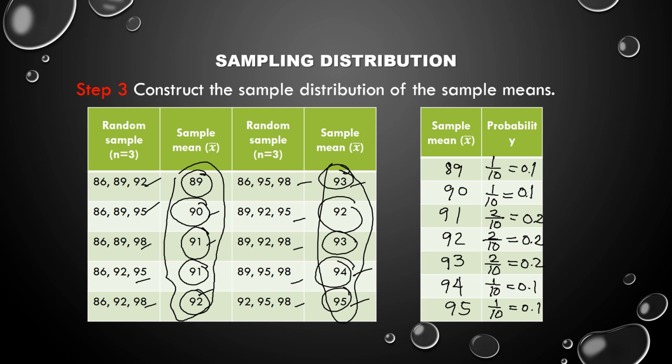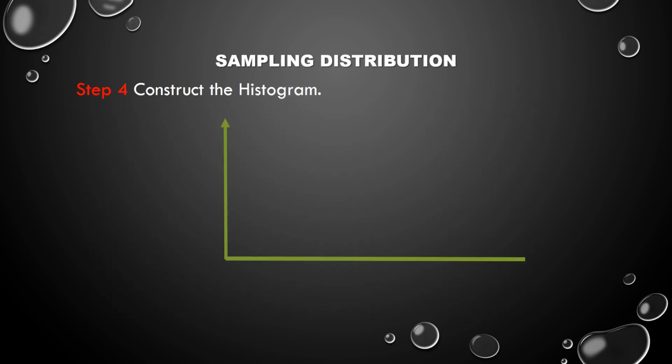Okay? So moving on, we have this now as our probability distribution. So we have 89 with 0.1, 90 with 0.1 chance, and 91 with 0.2, 92 with 0.2, 93 with 0.2, 94 with 0.1, and 95 with 0.1. So that will be your sampling distribution.